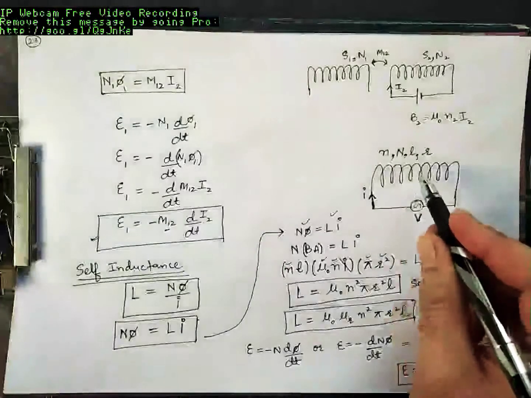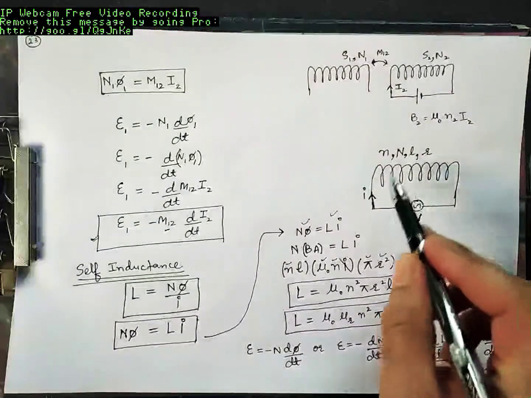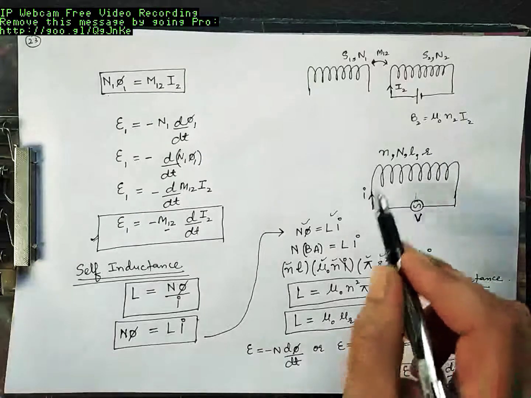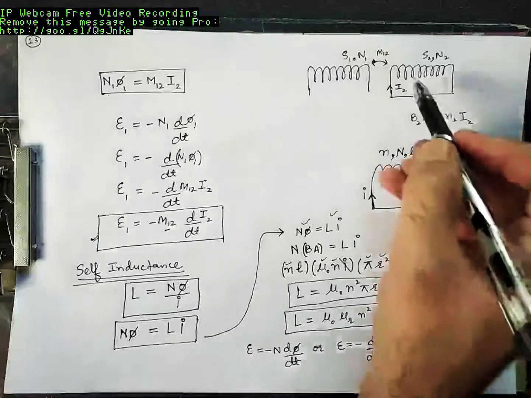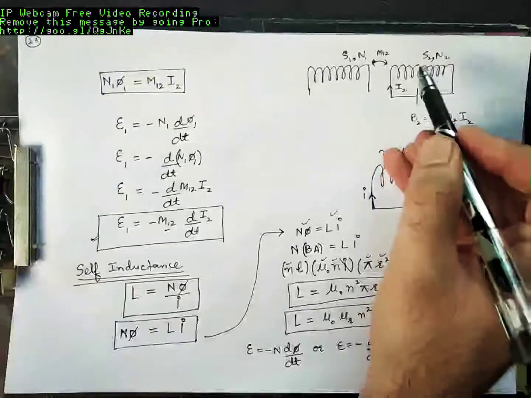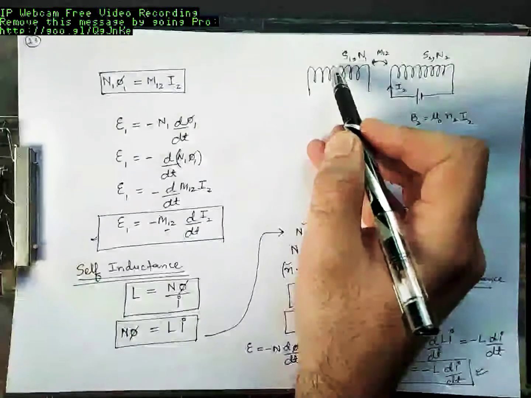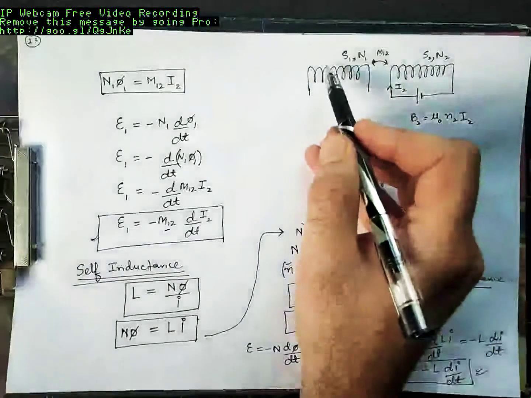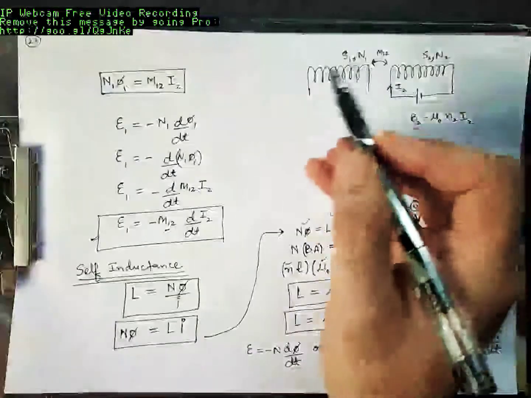In this case, EMF is induced in the same coil in which the flux is changing. Here flux through this coil was changing and that flux was linking this coil. So because of change in current here, EMF was induced here. You call that mutual inductance.